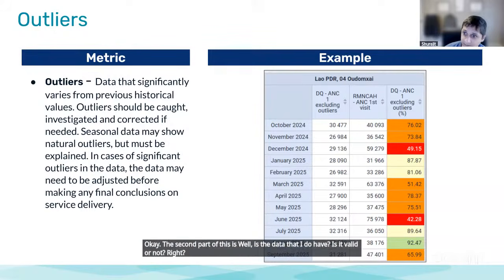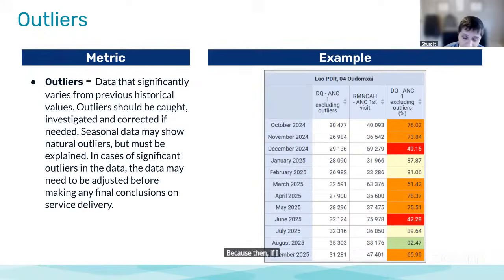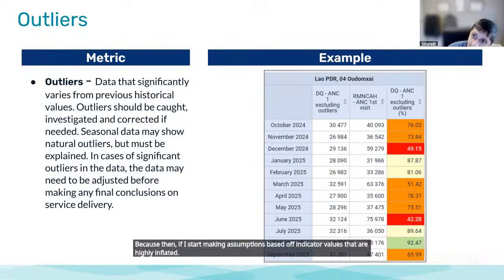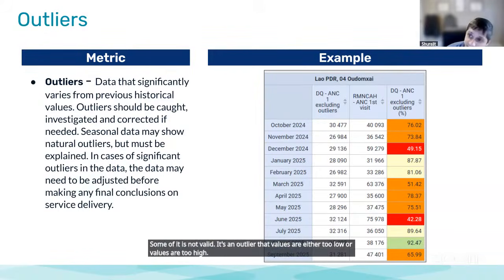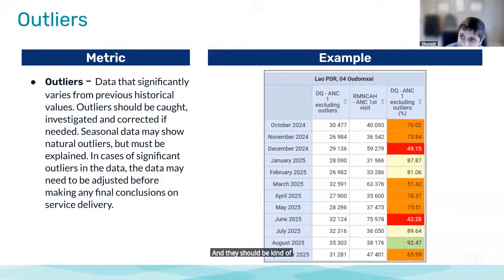Because if I start making assumptions based off indicator values that are highly inflated or much too low, maybe it's because some of the data that I have on hand is not valid. It's an outlier if values are either too low or too high, and they should be checked and fixed where possible. So there's a lot of analysis related to outliers that is relevant and can be useful.